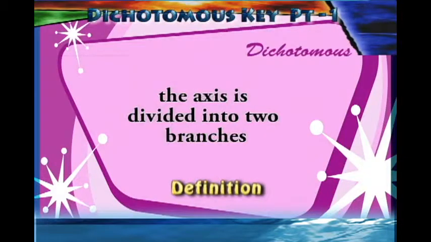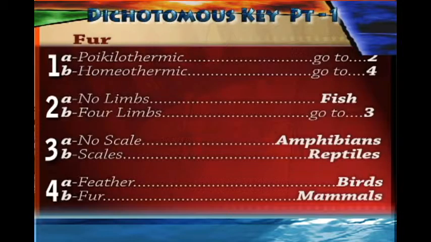We have said that dichotomous itself means to divide something into 2 parts. So when we put the dichotomous key together, it becomes a method of identifying something by going through a series of choices that leads us to the identity of a particular organism.